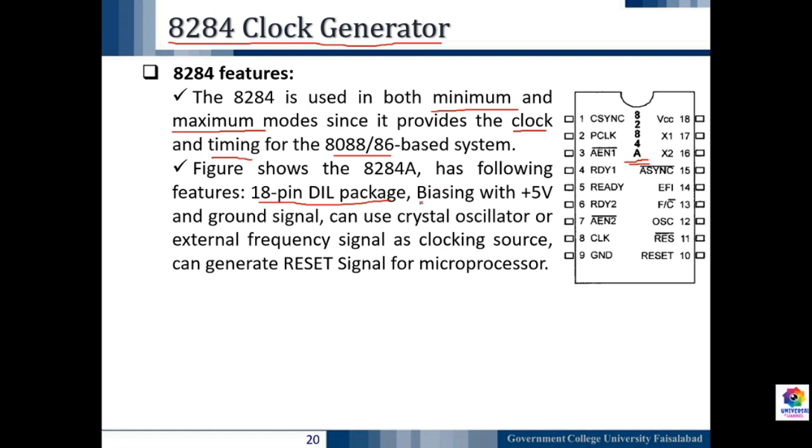Secondly, the IC can be biased with the plus 5 volt VCC and a ground signal. So pin number 18 and pin number 9 are used for the VCC, which is plus 5 volt, and the ground signal respectively.